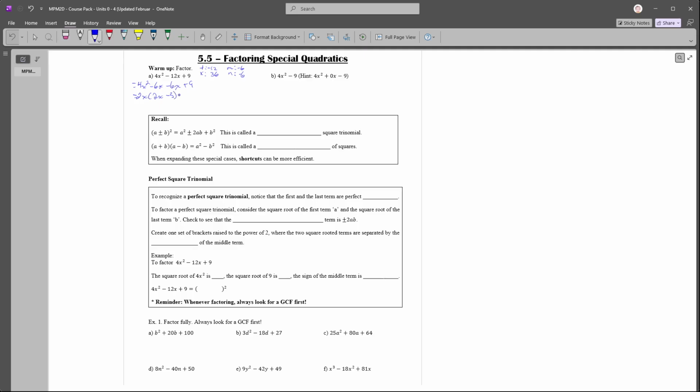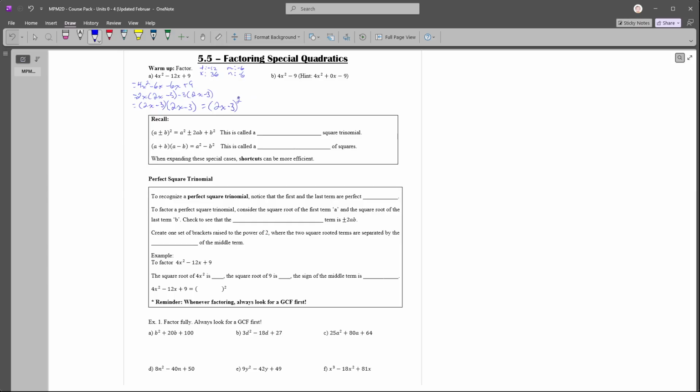So we can factor out a negative 3 here, and then that's going to be a 2x minus 3. So then when we group our terms, we end up with our first set of brackets, which is 2x minus 3. And then we combine our two multipliers to be our second set, which is also 2x minus 3. Well, we can simplify this even a little bit further, and that just becomes 2x minus 3 all squared.